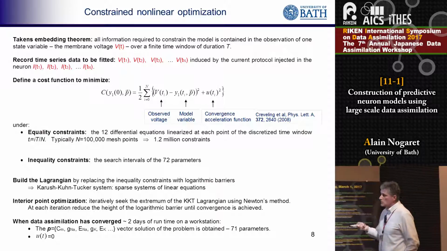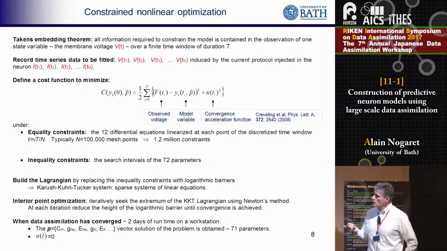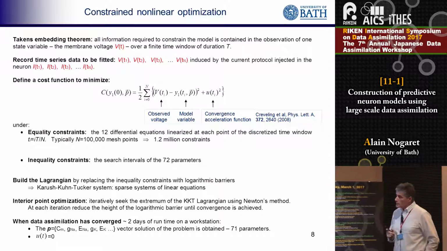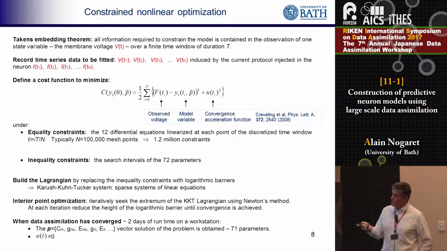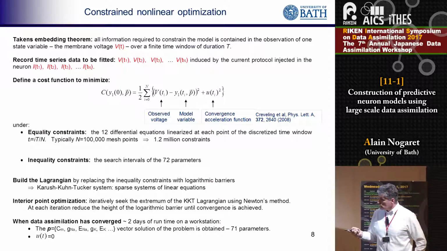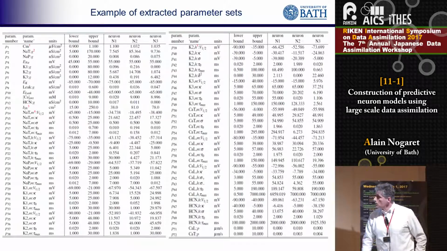When the procedure has converged, you obtain a parameter vector, whose 71 components are the parameter solution you are looking for, and the regularization function hopefully should be equal to 0.